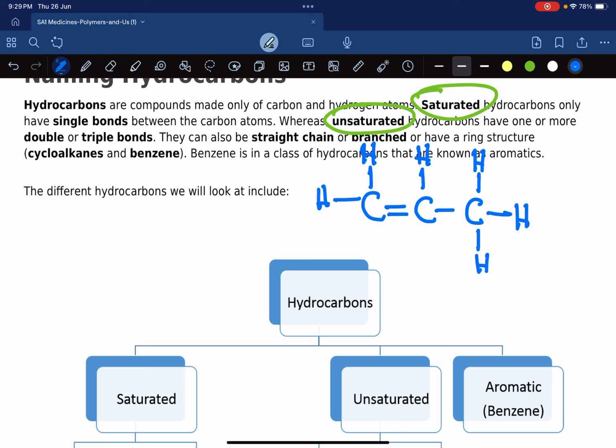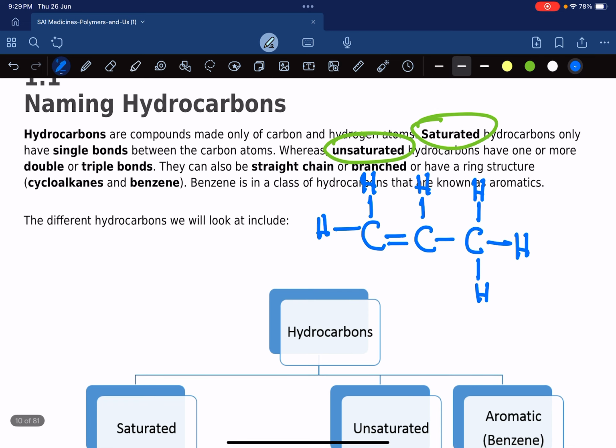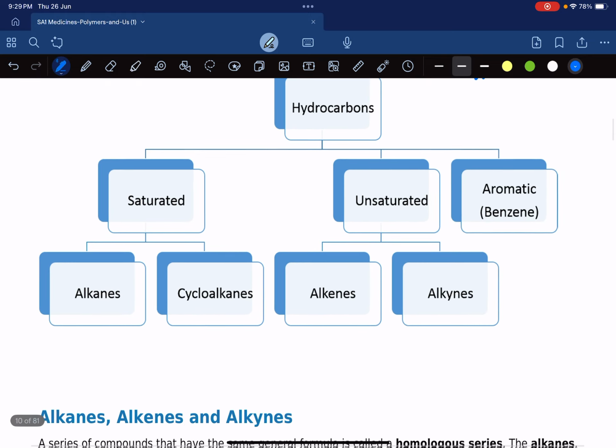When you have more than one double bond, we call this polyunsaturated. So when you hear the words saturated and unsaturated, basically if saturated, carbon is bonded to every other atom with single bonds, or if it's unsaturated, there is at least one carbon that is bonded to another carbon via a double bond. Okay, let's move on.